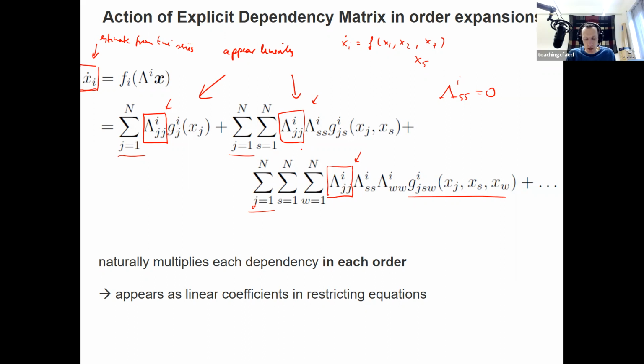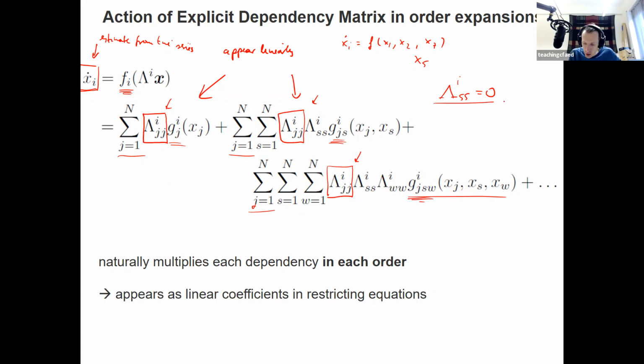But so far, we have just got more involved because here's a nonlinear unknown function f, and we just replace that by sums over many unknown functions, g, okay? But the most important thing is that explicit dependency matrix entries multiply each dependency in each order, okay?